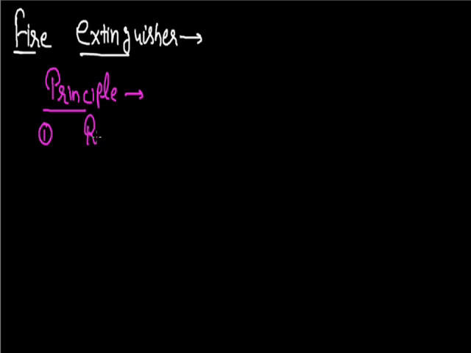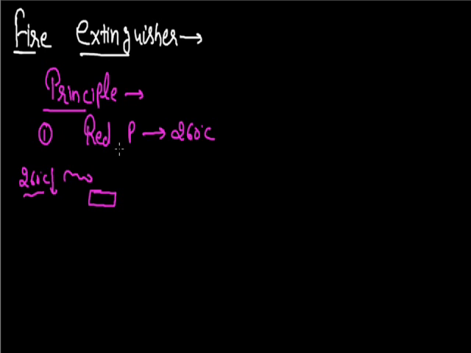Such as, if I talk about red phosphorus, then it catches fire only at a temperature of 260 degrees centigrade or more. If this red phosphorus is burning, and by any cause I lower its temperature below 260 degrees centigrade, then in this condition the red phosphorus will be put off, or it will stop burning.